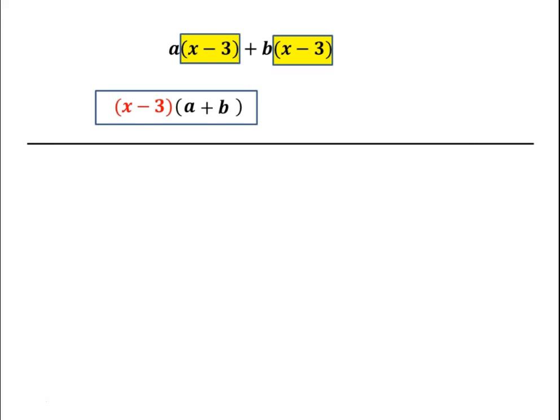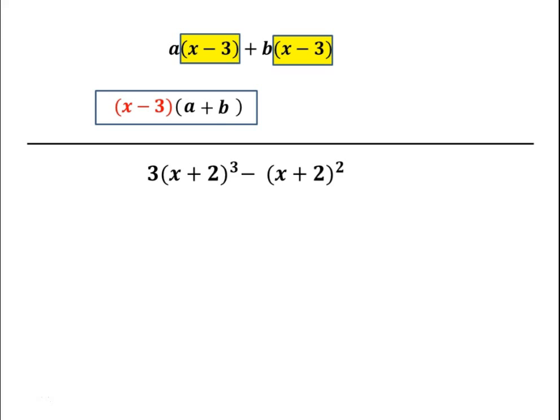Here's another example. Three times the quantity x plus 2 cubed minus the quantity x plus 2 squared. Now I want you to notice something here. If you look at this second set of parentheses, there's nothing in front of it. But there really is something in front of it, it's just not visible.